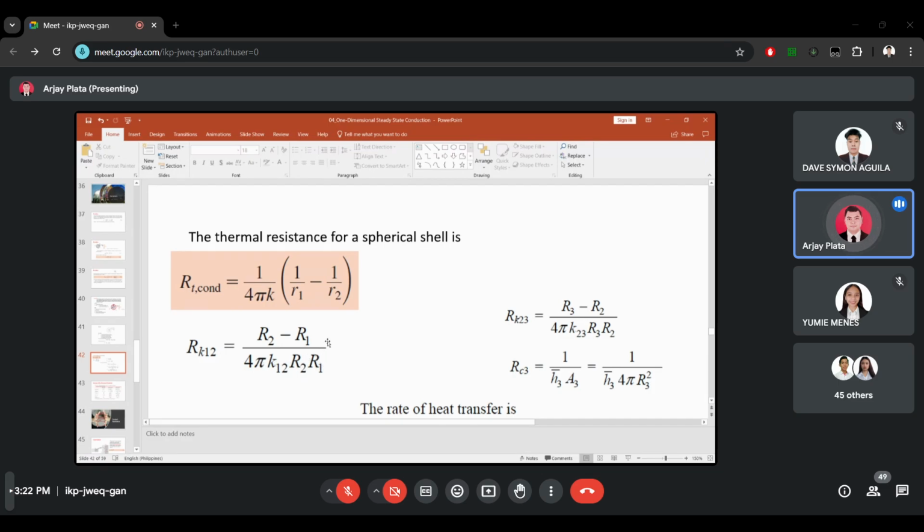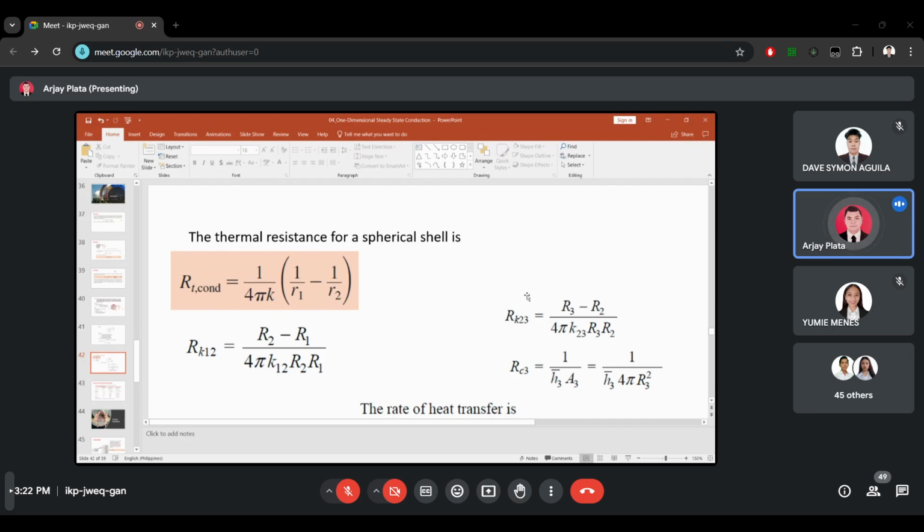When we divide it by R1, R2 will remain. And when we divide it by R2, R1 will remain. We just have to get the least common denominator to simplify this equation.